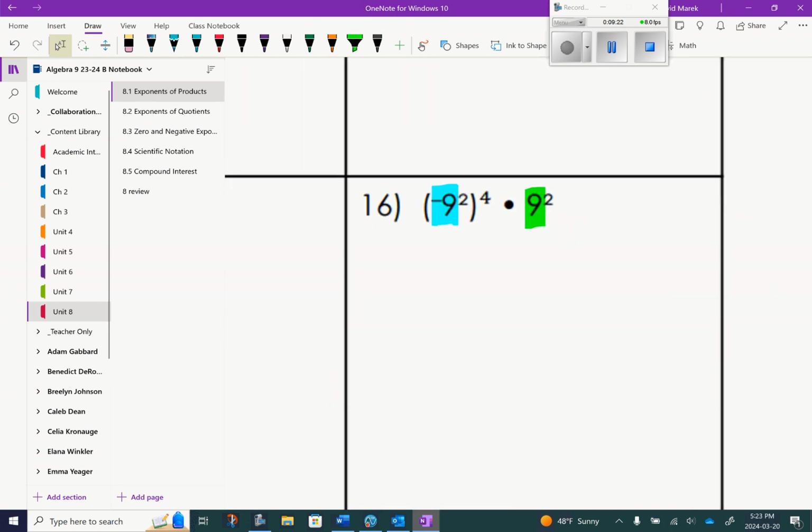Here, one's positive 9, one's negative 9. We have to treat them independently. So this will be negative 9 to the 2 times 4 power times 9 to the second. So this is negative 9 to the 8th times 9 to the second. And I say just leave it like that.